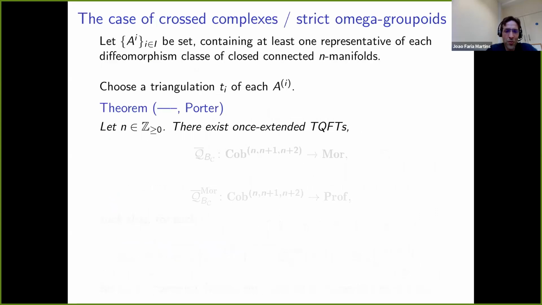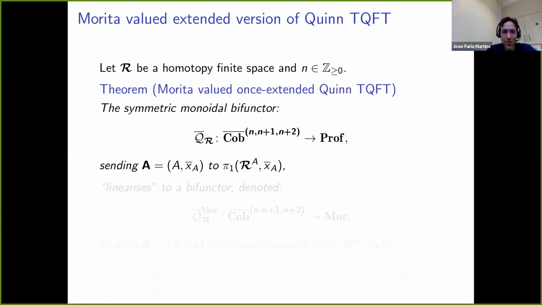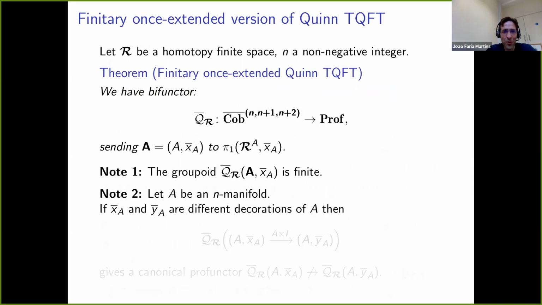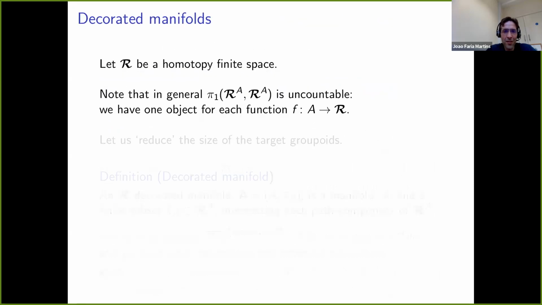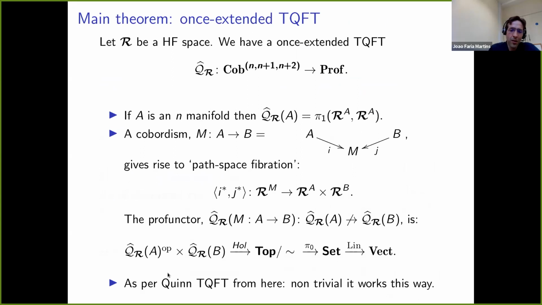So once you get to extended cobordisms, you do exactly Quinn's construction. In particular, if this manifold A is empty and this manifold B is empty, so you're actually back to the notion of manifolds and cobordisms, then you get exactly Quinn's TQFT.